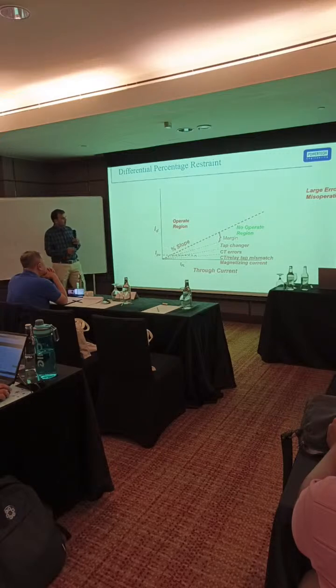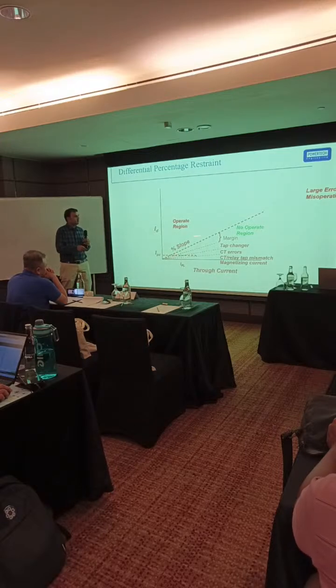Now we have a slope, so we can reduce the pickup setting also, because all other errors will be compensated through the slope. So we do not need a higher pickup value, and our protection system will work more effectively using this.